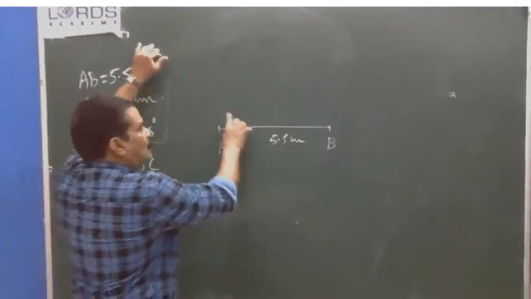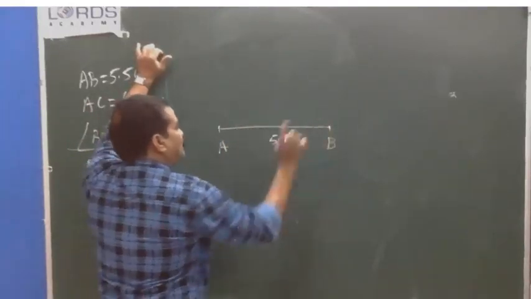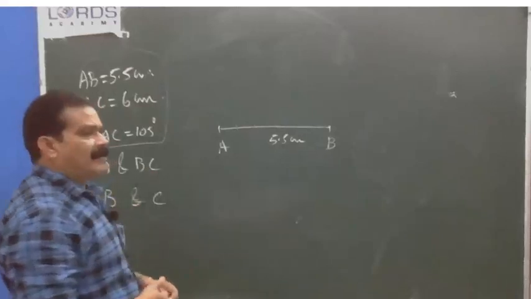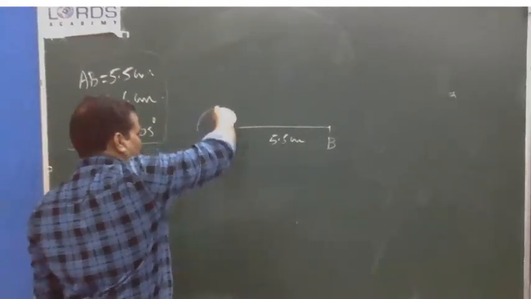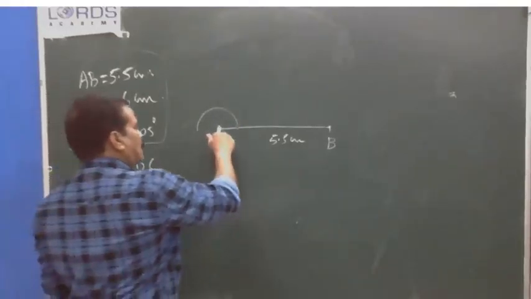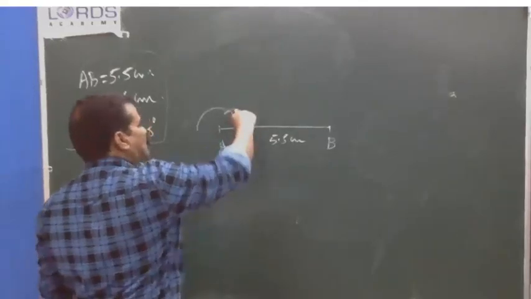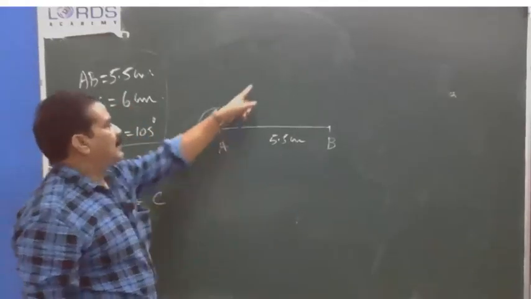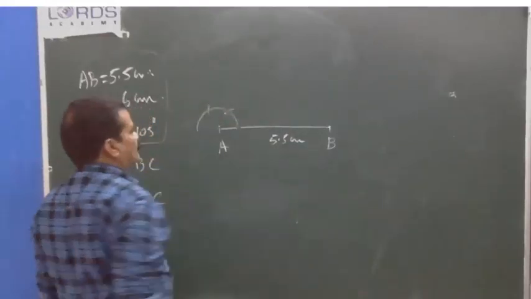First of all, you draw AB 5.5 centimeter, and then with a convenient radius and A as the center, you draw an arc. With the same radius, you cut it. Each cut contains 60 degree, and again 60, that is 120.